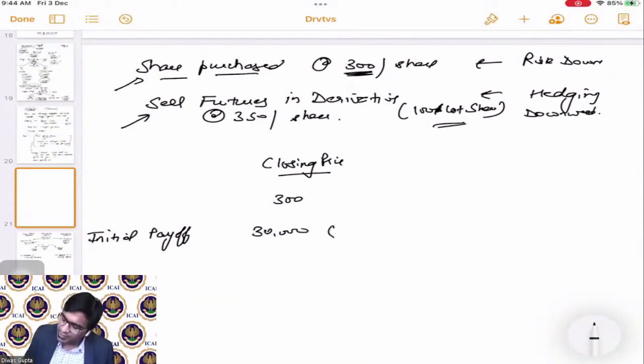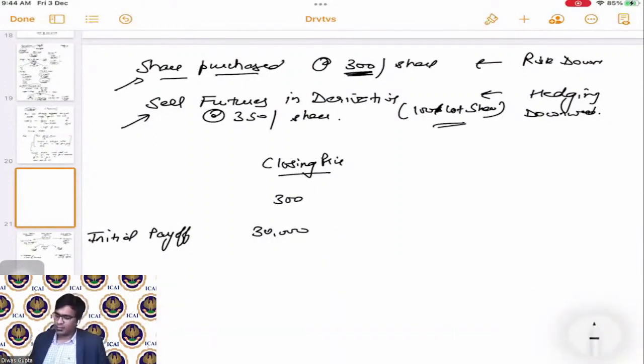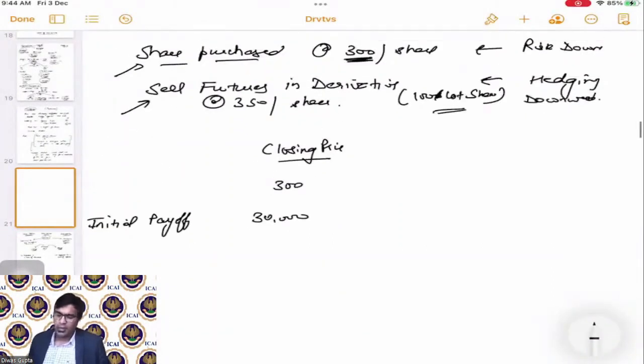Correct? We have purchased at 300 multiplied by 100, so 30,000 we have paid. This is the initial payoff.